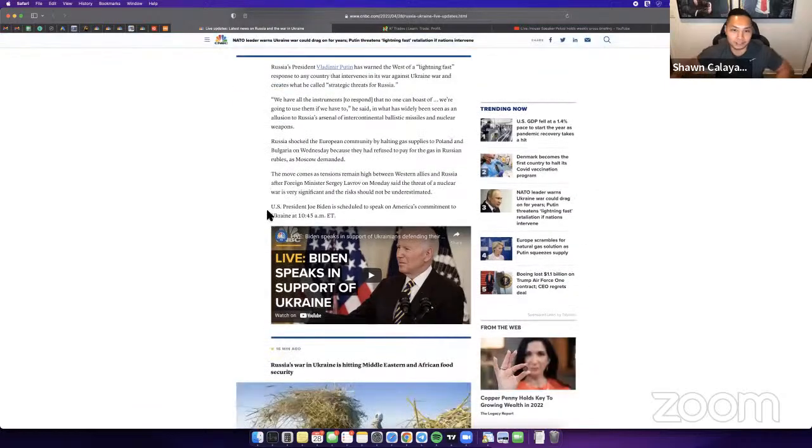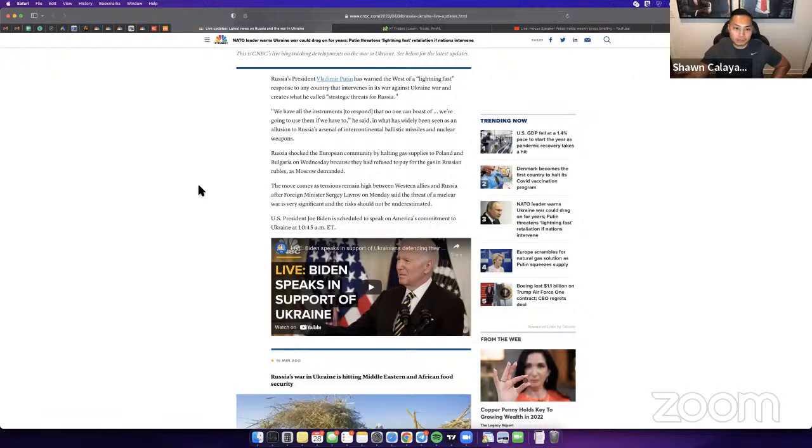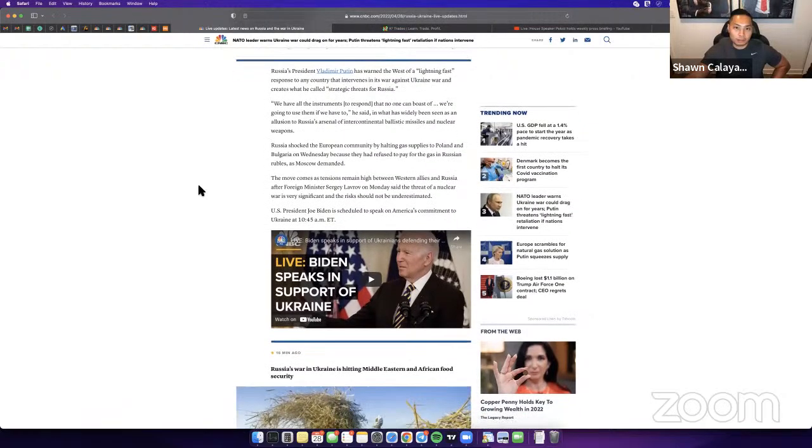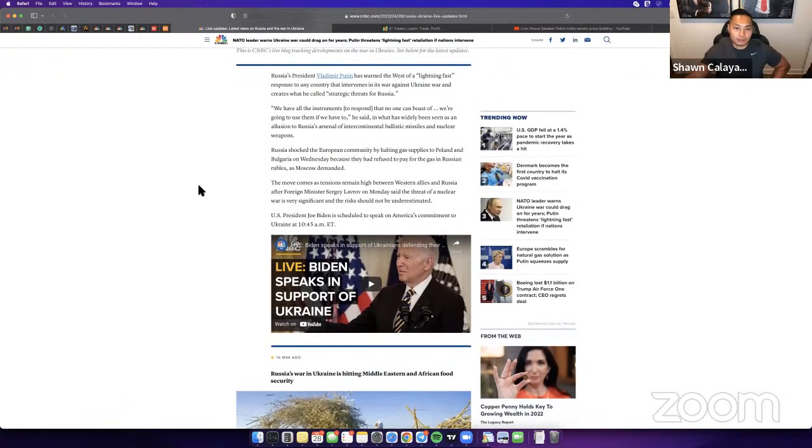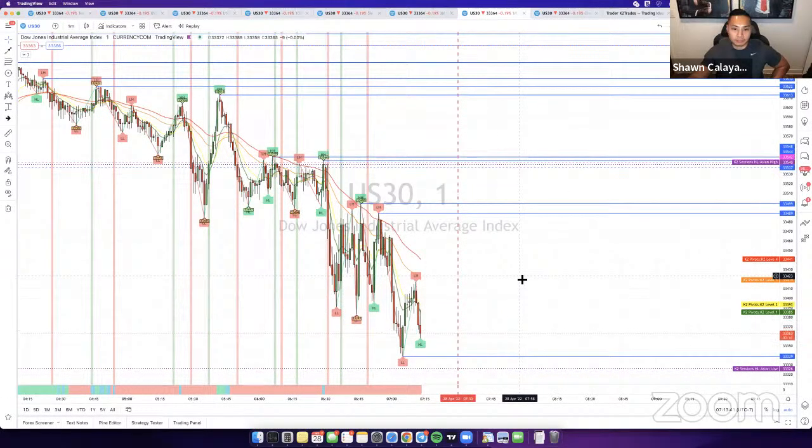He's not going to do something like that to provoke him. Obviously we are supporting Ukraine, there's no denying that, but I feel like Biden is not really straightforward with anything. So we'll see when he does speak later.